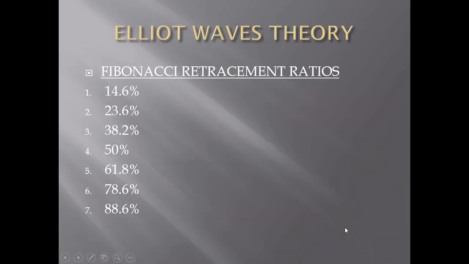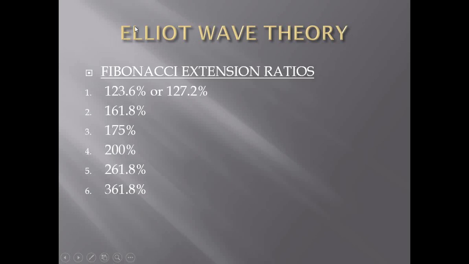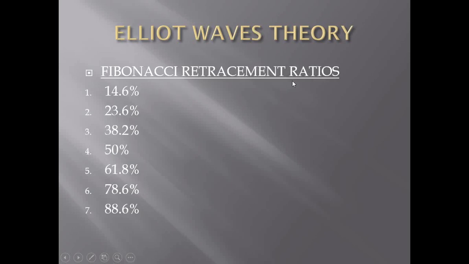So traders, without wasting any time, let's go straight to the Fibonacci ratios. There are 2 types of Fibonacci ratios. We have the Fibonacci retracement levels, or retracement ratios, and then we also have the Fibonacci extension. We use the Fibonacci retracement to find the levels of the correction waves.